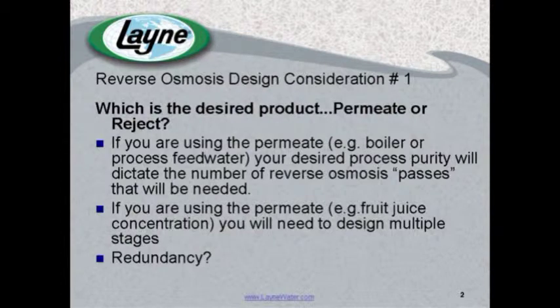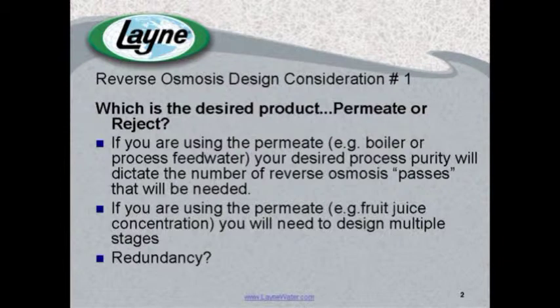However, being the food market and being a little different than most, there are some really good process applications for reverse osmosis. One that comes to mind is the concentration of fruit juice. Taking orange juice as an example and turning it into a concentrate. Well, that can be done with reverse osmosis.